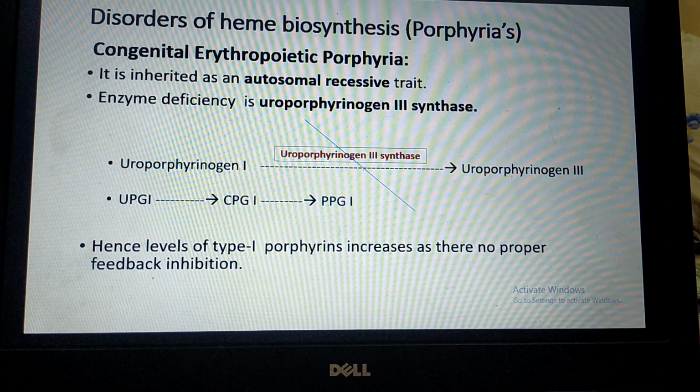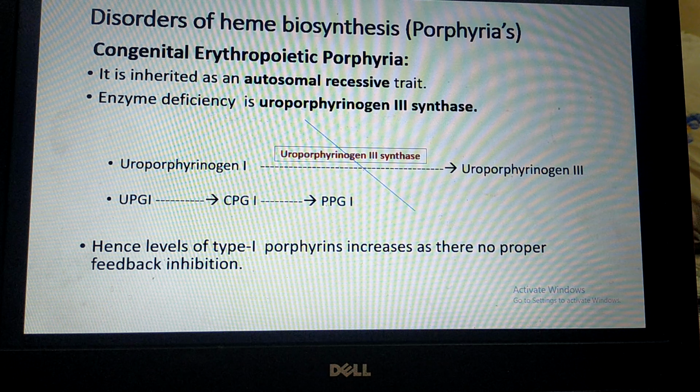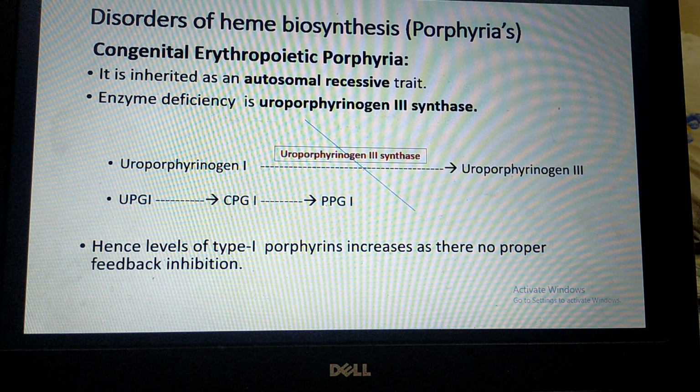Now the next type of porphyria is congenital erythropoietic porphyria. It is the only porphyria which is autosomal recessive. The enzyme deficiency seen in this case is uroporphyrinogen III synthase. Now this uroporphyrinogen III synthase converts uroporphyrinogen I into uroporphyrinogen III.